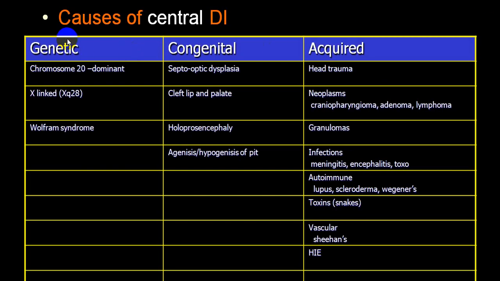So these are the etiologies for the genetic variety: chromosomal, sex-linked disorders, Wolfram syndrome, where you get diabetes insipidus, diabetes mellitus, optic atrophy, and deafness. In the congenital variety, you get a lot of other conditions. And in acquired, head trauma, neoplasm, particularly craniopharyngioma or pituitary adenoma, granulomas, infections like meningitis, tubercular meningitis, autoimmune disorders, toxins, vascular causes like Sheehan syndrome, etc.